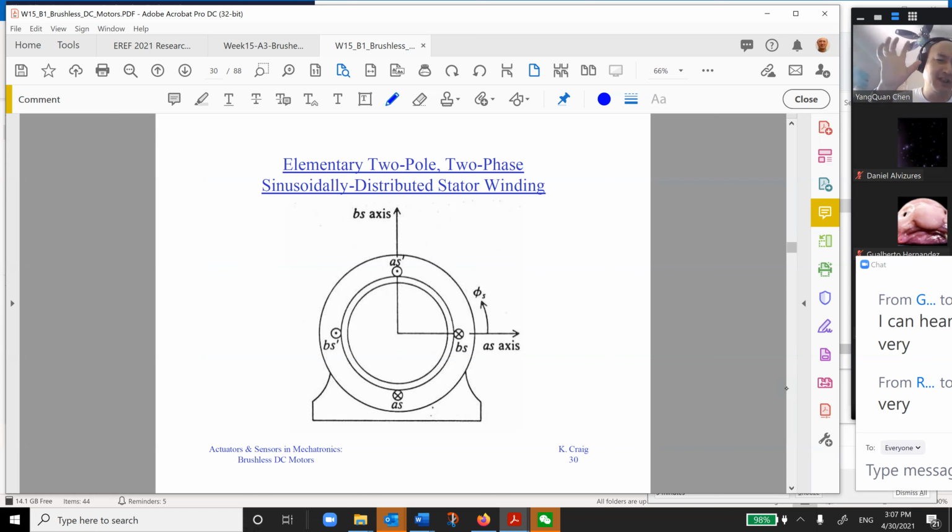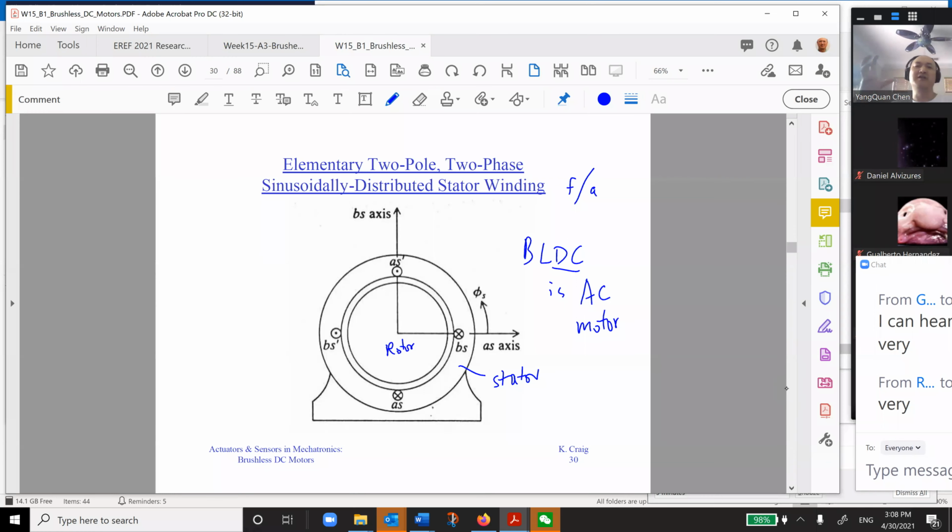What you only need to remember is that a BLDC is an AC motor. A DC motor has field and armature coils, but in the BLDC you only have coils on the stator. This is the stator, and this is the rotor inside.